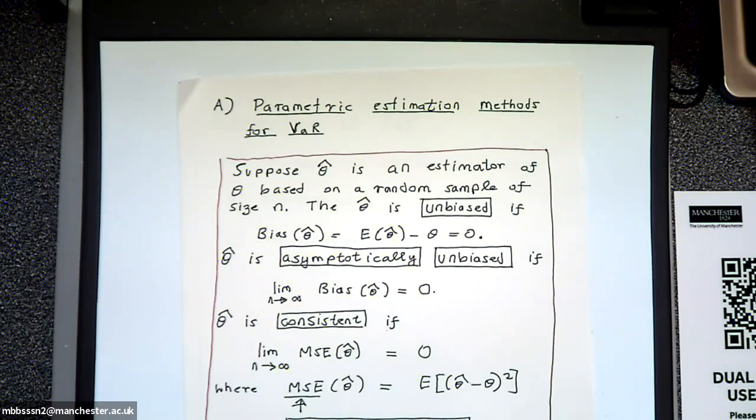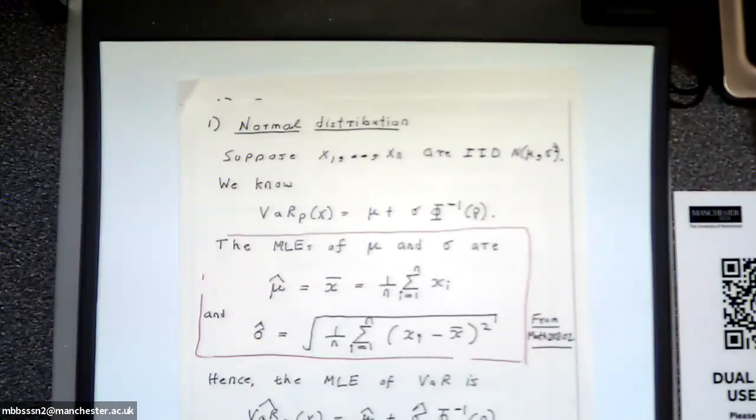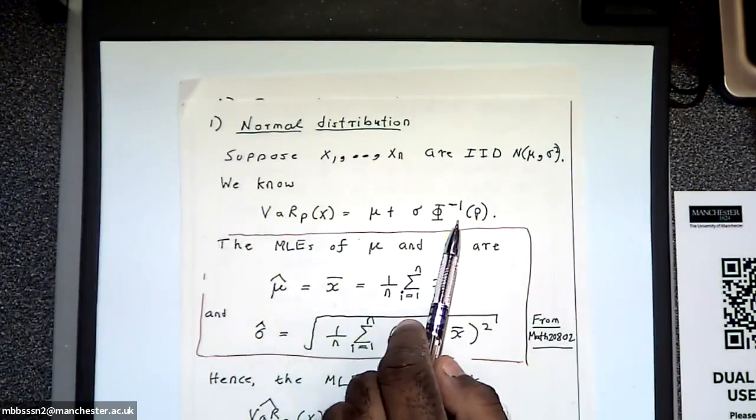All right. So there are 3 kinds of estimation methods: the parametric estimation method, which is what I'm going to focus on now. Now suppose the losses are IID with normal parameters mu and sigma squared. And then we know from last week that the formula for VaR is given by this.